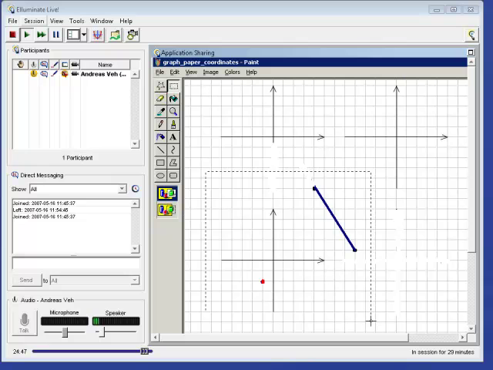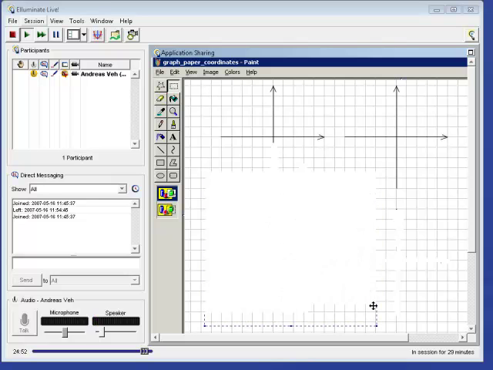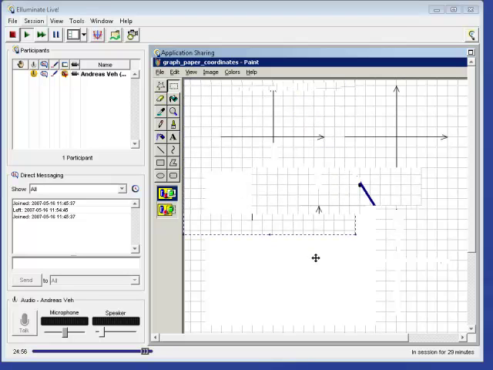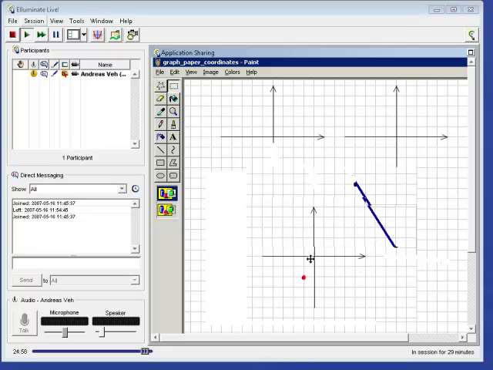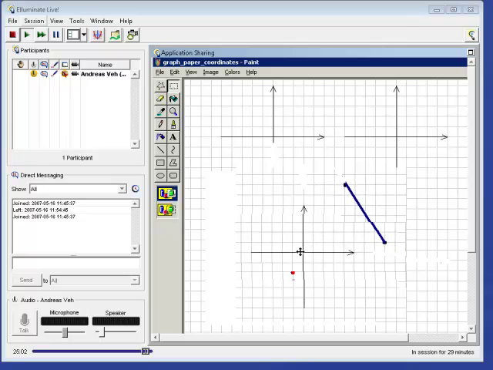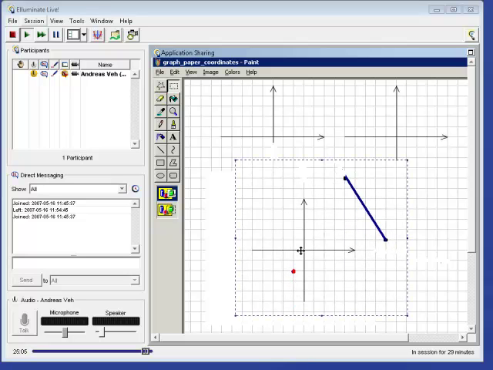Let's see, maybe I can fix that while I'm in session here. Let's see if I put this over here. There we go. Okay, that's not too bad.